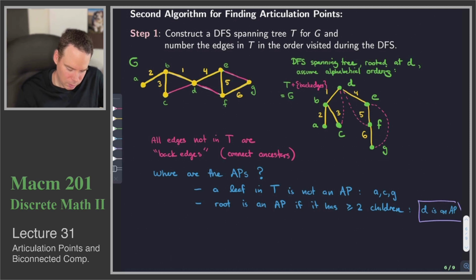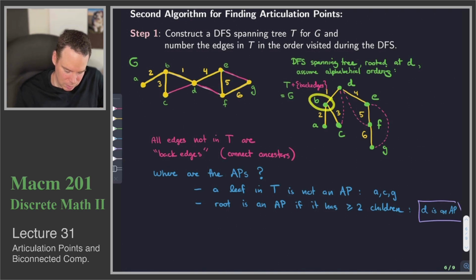Now what else? Well, what we've done so far is we've dealt with the leaves, we've dealt with the root, and now what about all the things in between? How can we decide if those are articulation points or not? Well, let's think about this. Before I write it down, let's think about it. Could B be an articulation point? And I want to get that information from this tree diagram.